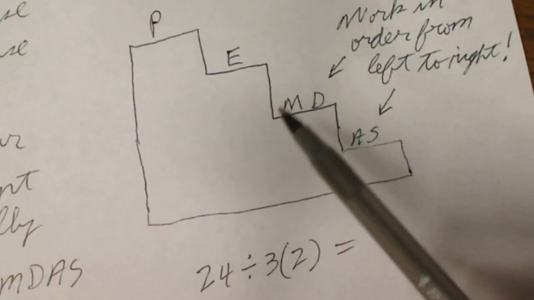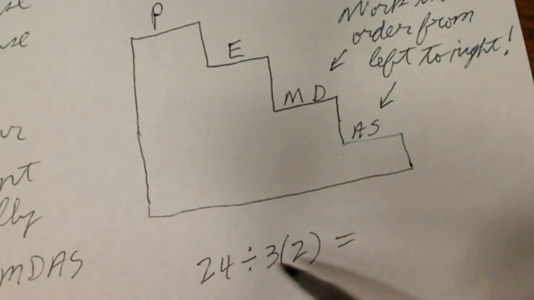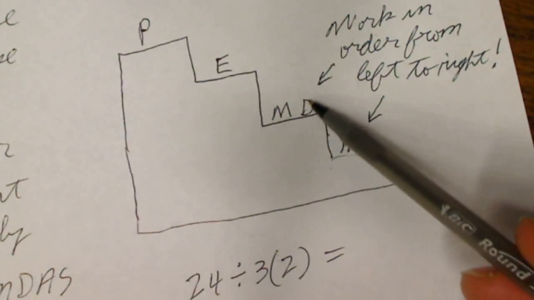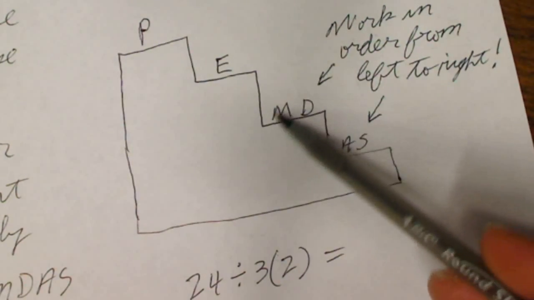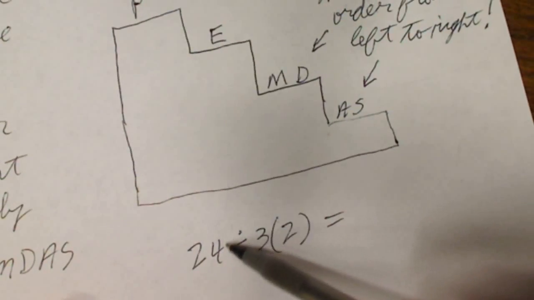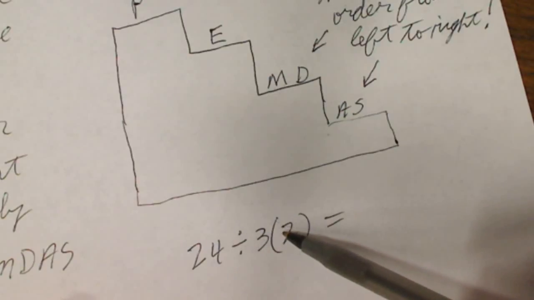The order of operations correctly applied tells me to divide before I multiply in this problem, because division and multiplication are tied for third place, and you do them in order from left to right. So in this problem, I've got to do the division first because it's on the left for the multiplication.